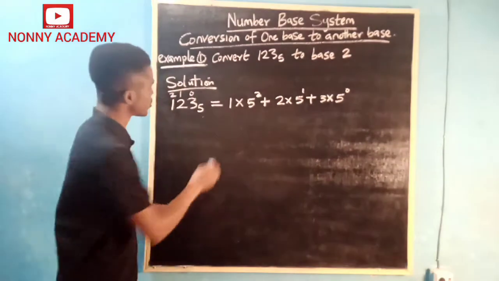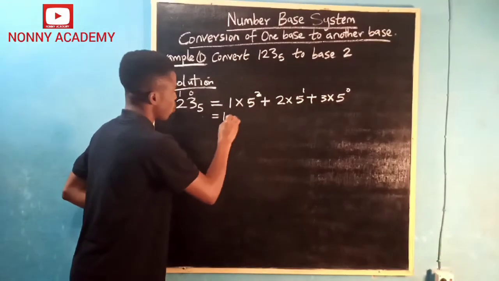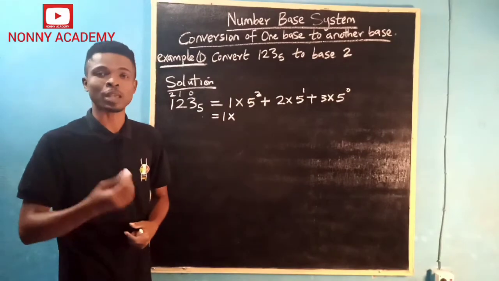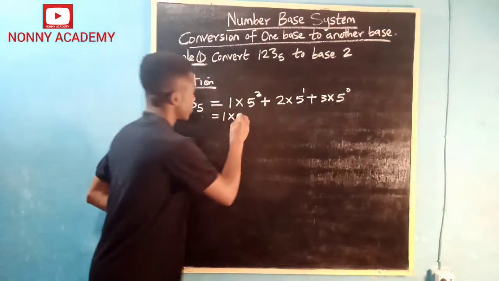Then we proceed. Equal to 1 times 5 raised to power 2, which is the same thing as 5 times 5, which is 25.